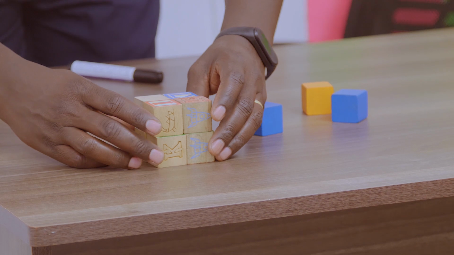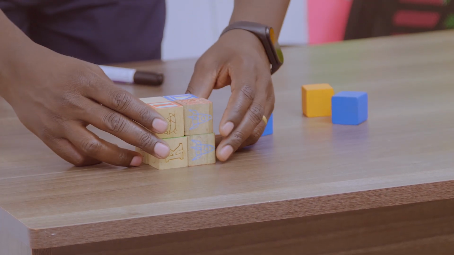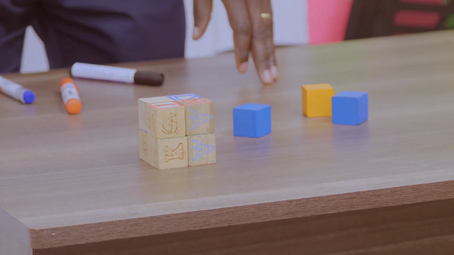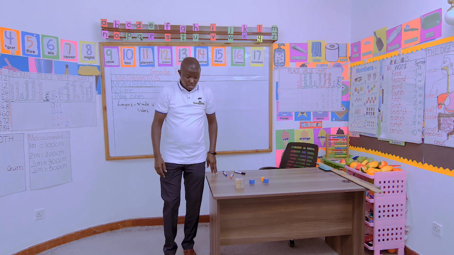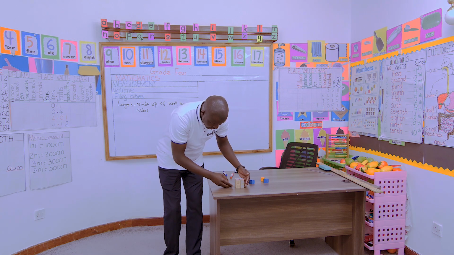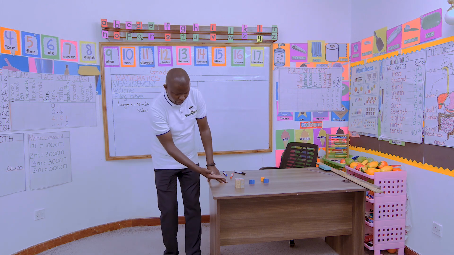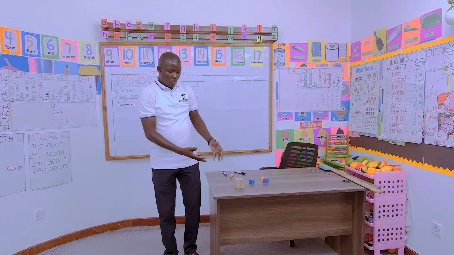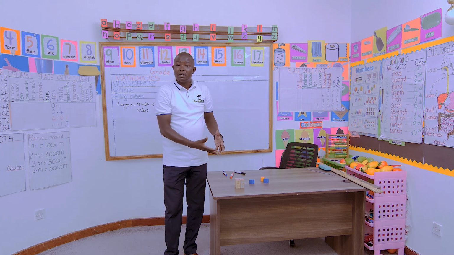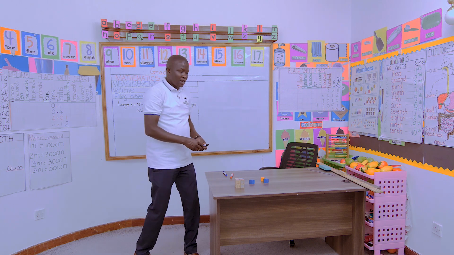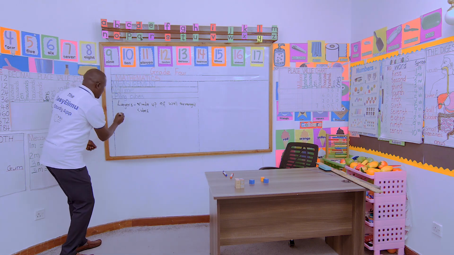Remember to arrange them properly. Now we have built another layer here. Now these are 2 layers: the first layer at the bottom, and the second layer we have built on top. What we have built here is a stack of cubes.